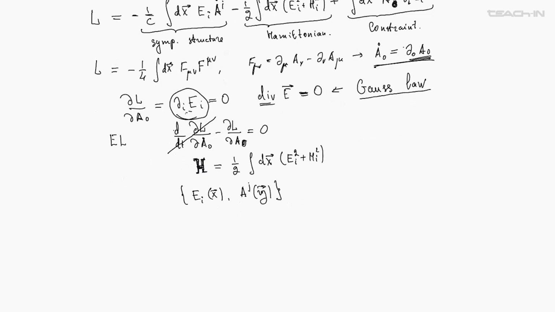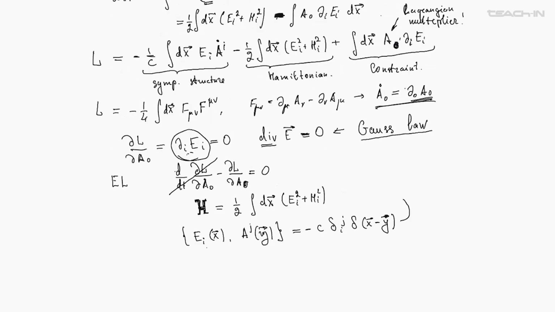This means that it's given by minus c delta ij delta function x minus y. And this expression, in fact, is a consequence of this form of the Lagrangian, of this symplectic structure term, which we have here.